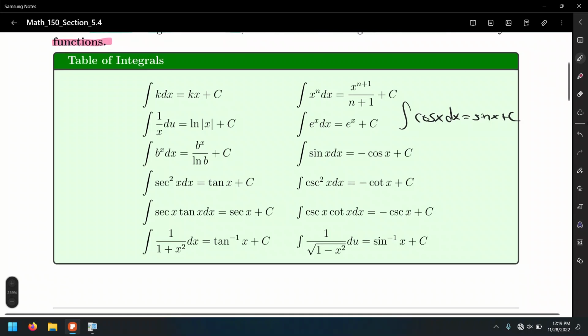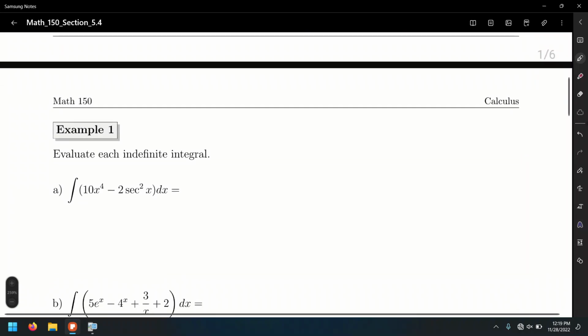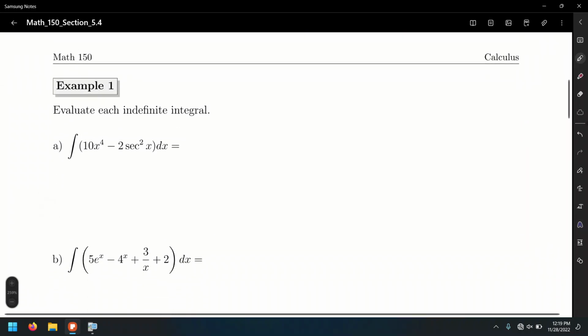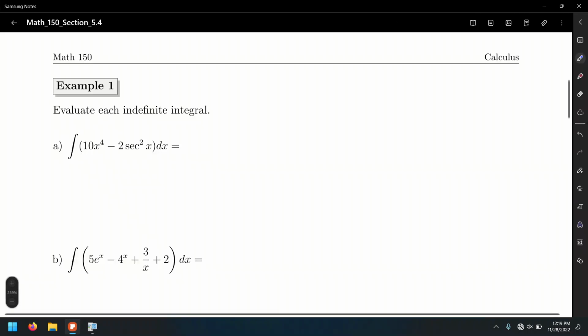All right. So how about we just do some examples? Let's integrate, or find the antiderivatives of, these functions right here. Because we're barely learning this, and most of you are looking at this for the first time, my advice is, number one, write it in terms of two integrals.